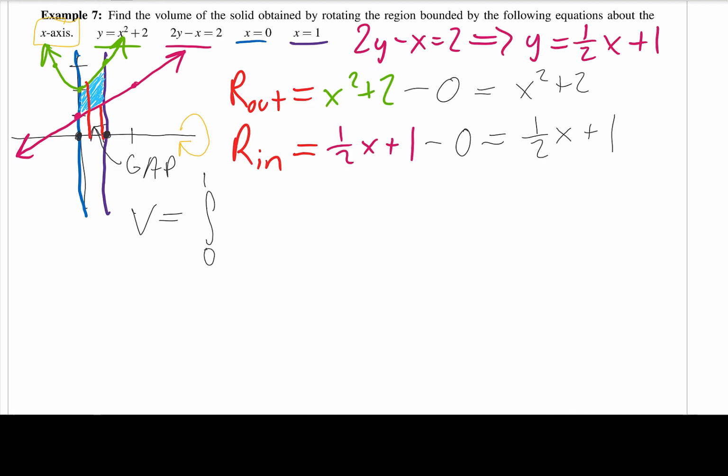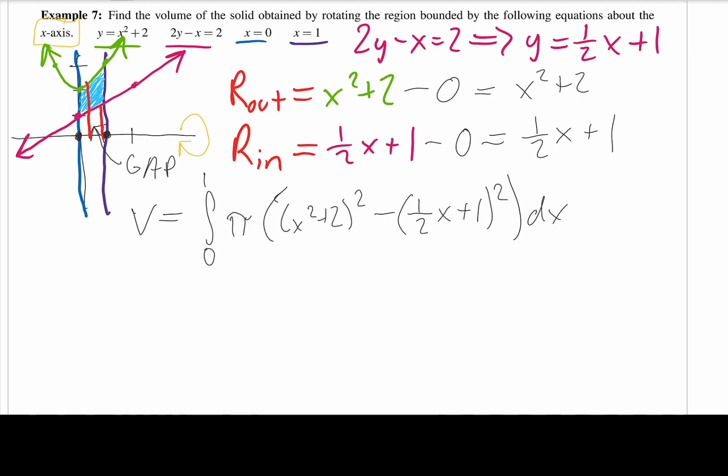of, let's see, we should have pi times R out squared. So this is going to be x squared plus 2 squared minus R in squared. So this is 1/2 x plus 1 squared and dx.